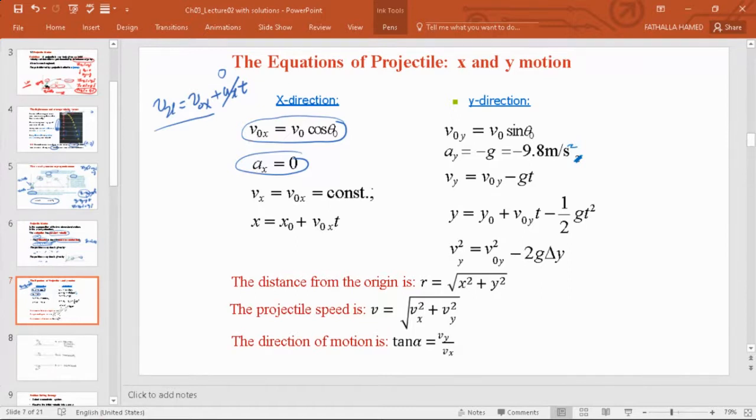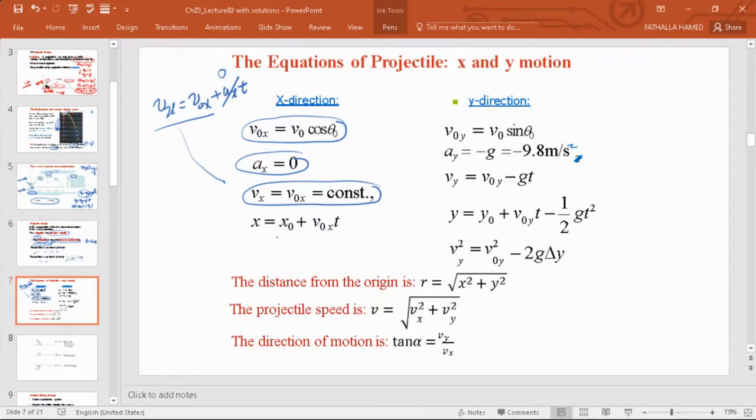And that's why we say that the Vx from this equation here is going to equal V0x, and it is constant. So the x component of your velocity in projectile motion is not going to change. It's going to stay the same.